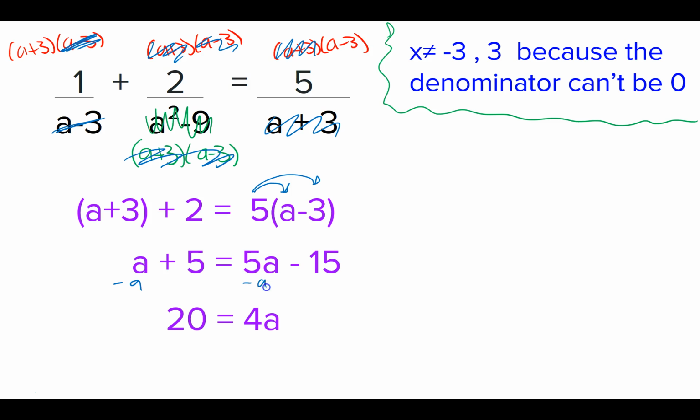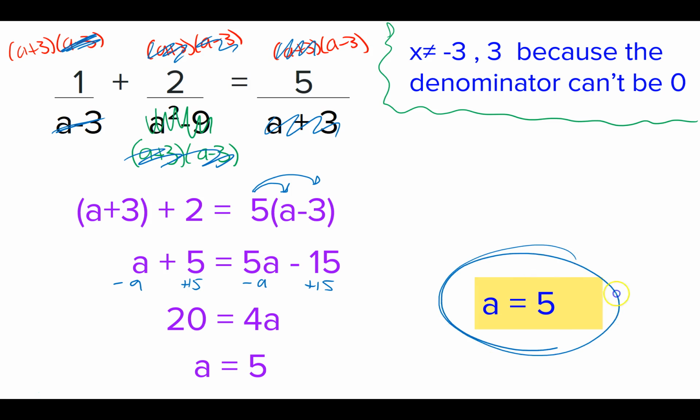I subtracted a from over here, added 15 to this side, and then divide by 4, we get a equals 5. And are we allowed to have a equals 5? Yes. What are we not allowed to have? 3 or negative 3, so we are good. So this rational function will cross my x-axis at 5.